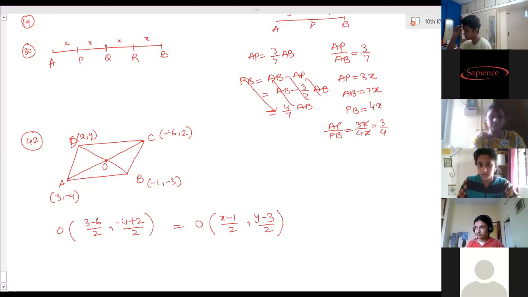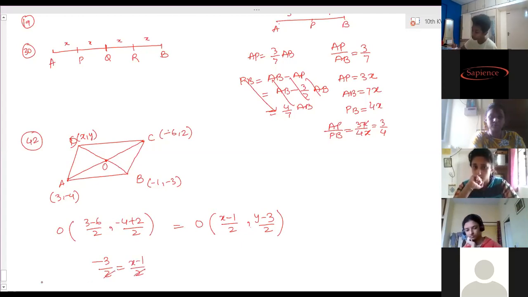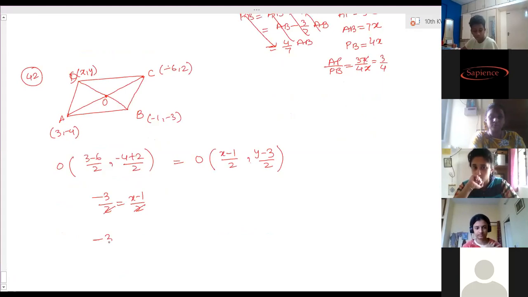So both should be equal: x coordinate equals x coordinate, y coordinate equals y coordinate. (3 - 6)/2 = -3/2 equals (x - 1)/2. The 2s get cancelled. -3 + 1 equals x, so x is -2.